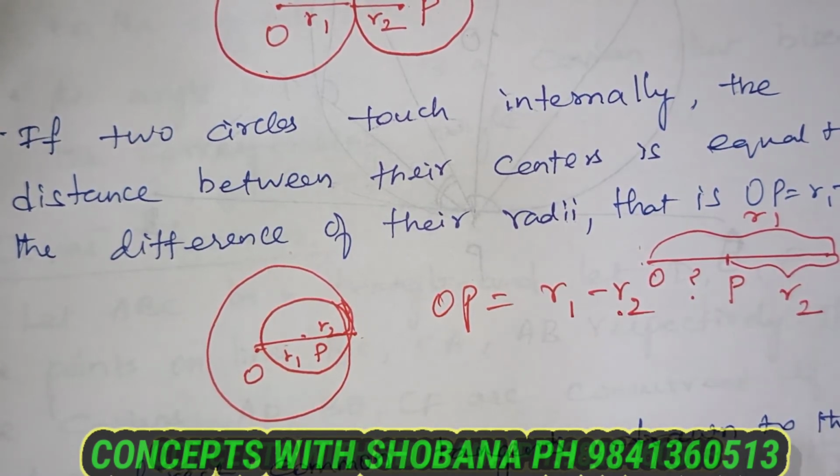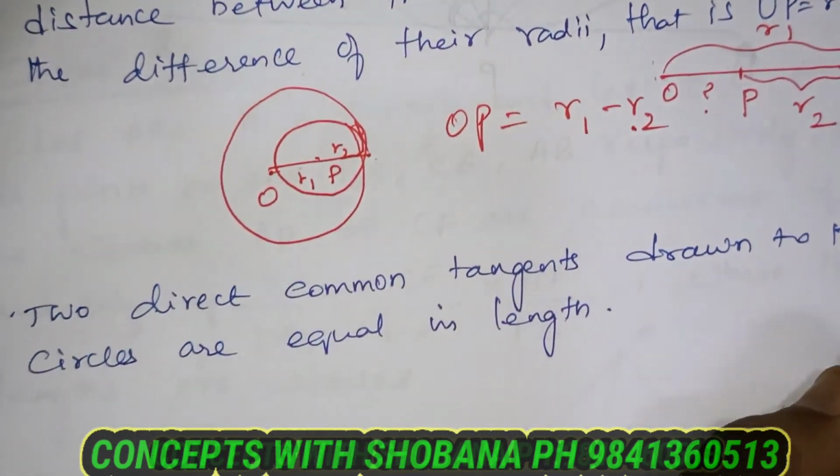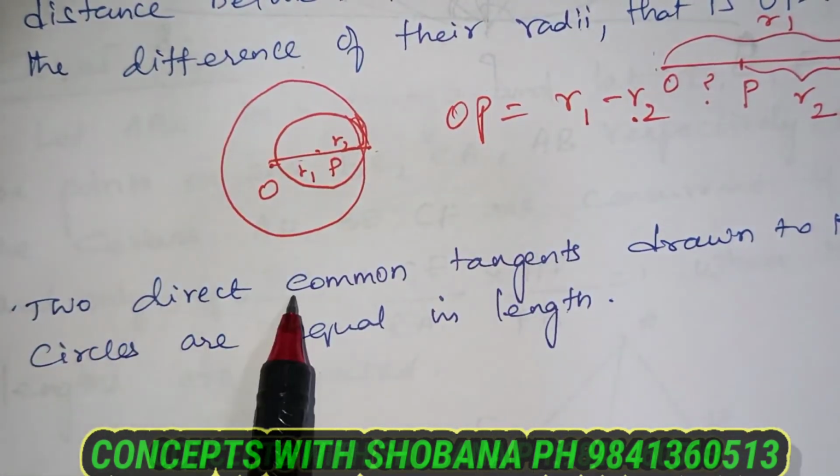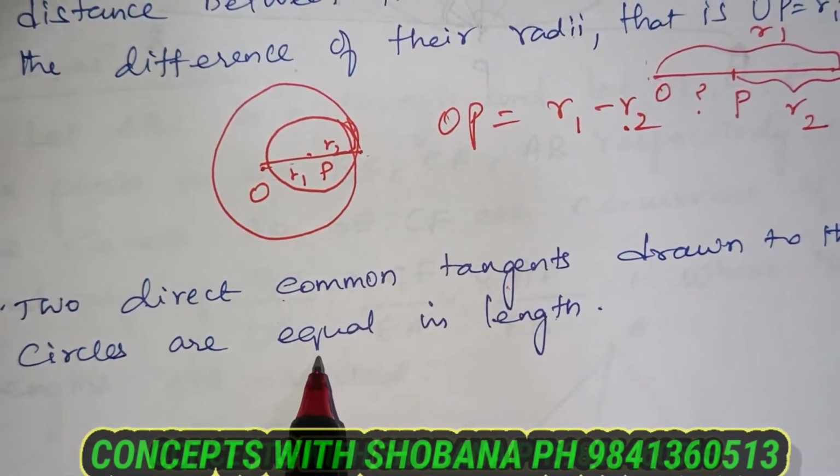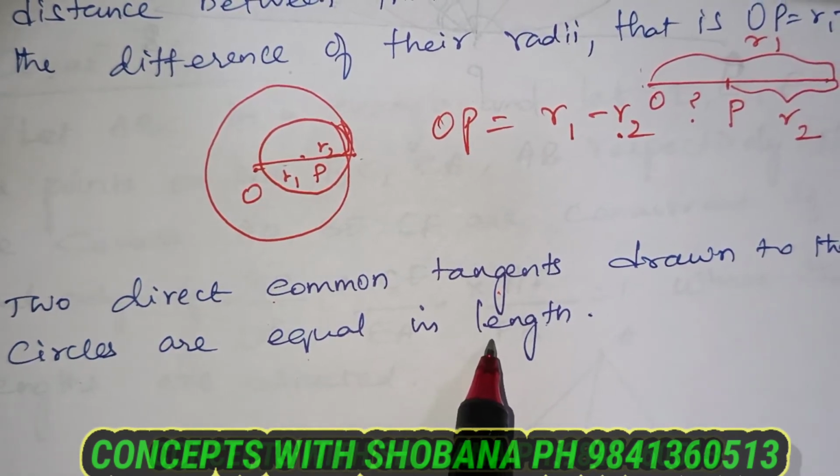radii. புரிஞ்சுதா? Okay, next theorem பார்க்கலாம். Two direct common tangents drawn to the circle are equal in length.